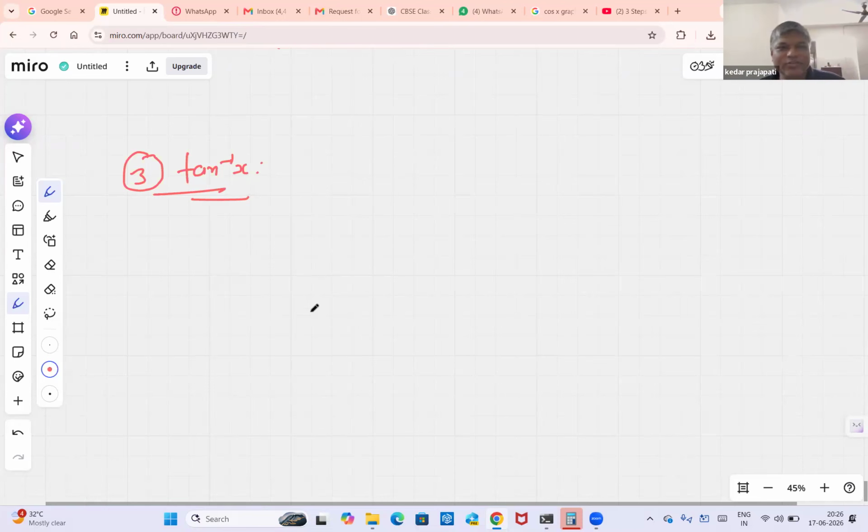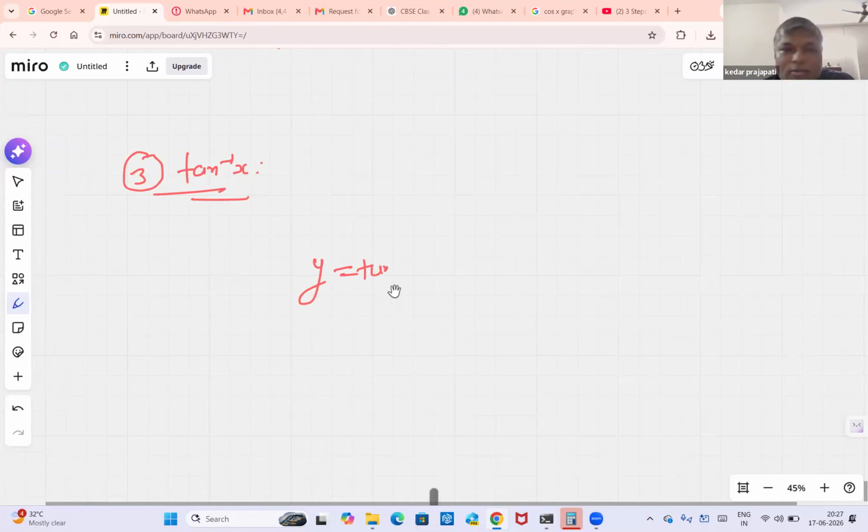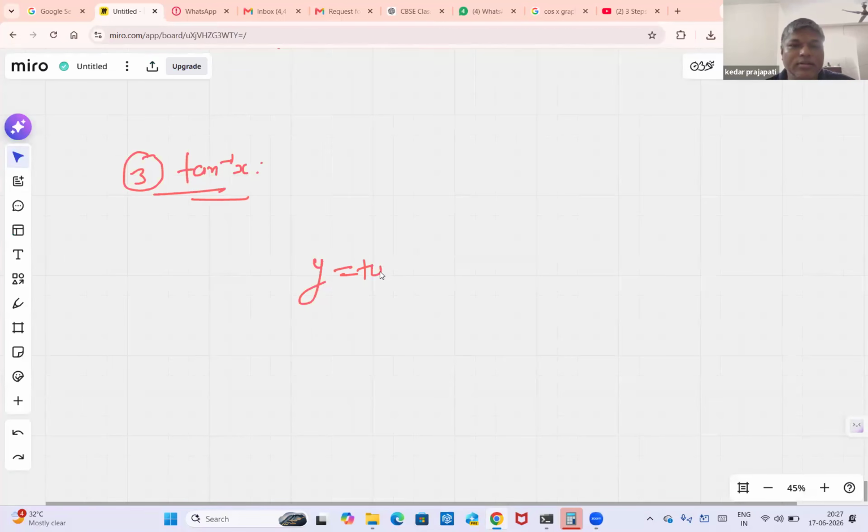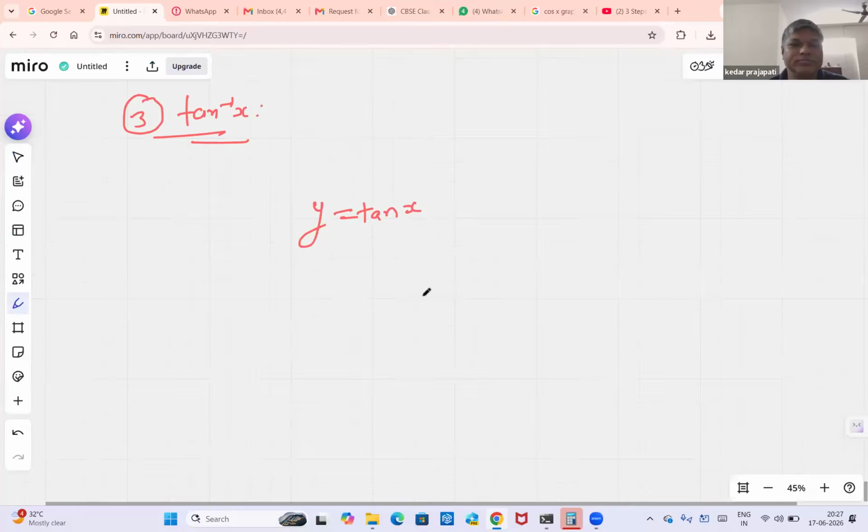Okay. So let us draw first the graph of y equal to tan x.